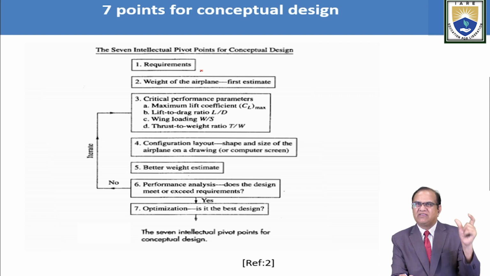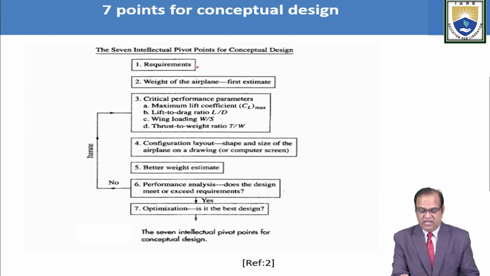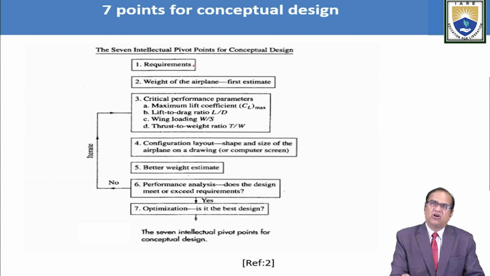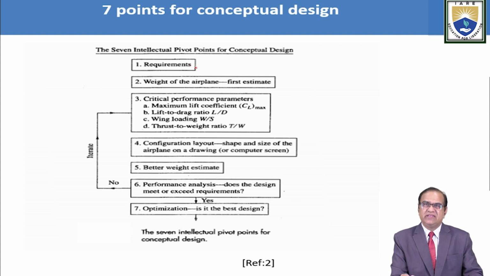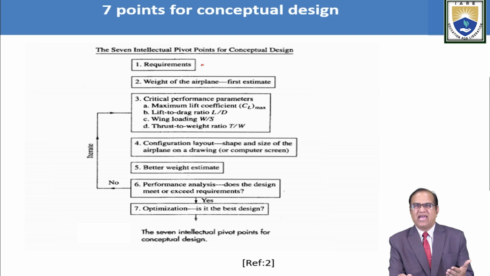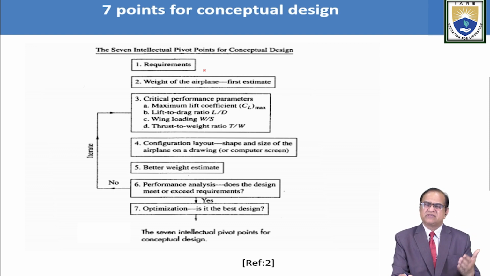I gave another lecture just before this on the requirements of your airplane. In that: range, endurance, climb, service ceiling, cost, maintainability, reliability, maneuverability, all the parameters which we have discussed in my previous class just now before this.